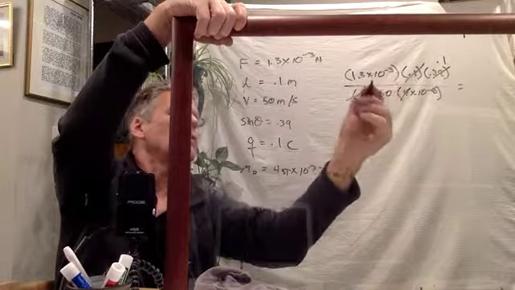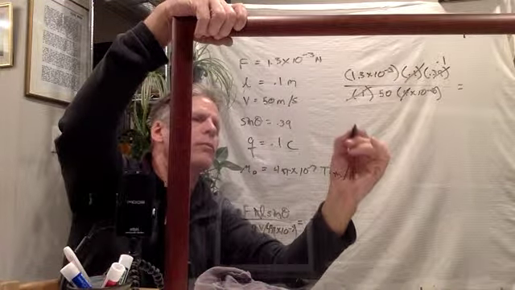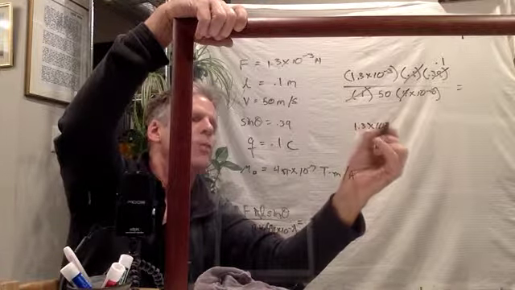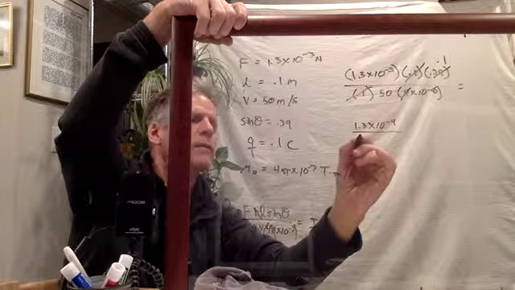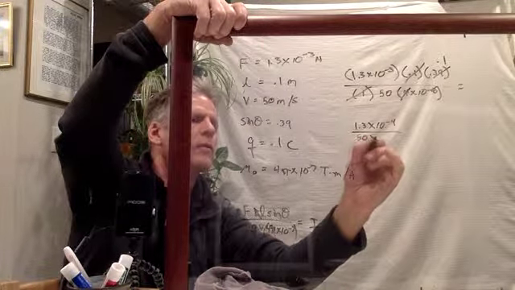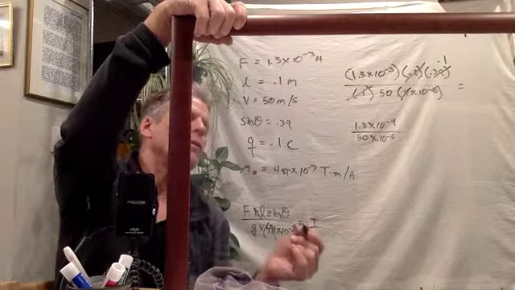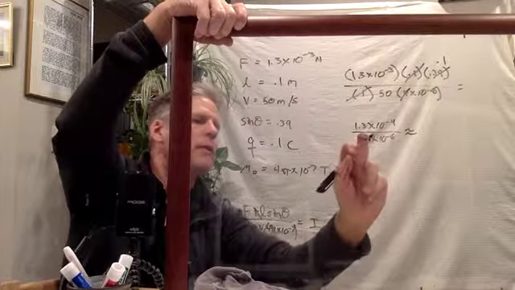So 0.13, which is 1.3 times 10 to the minus 4 over 50 times 10 to the minus 6th. So 1.3 over 50 is about 5.